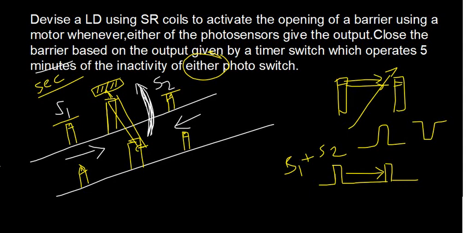So now for this you will have to devise a ladder diagram using SR coils, set reset coils, right. Now you can take the help of the previous example where we have taken one input which is used to set the coil.